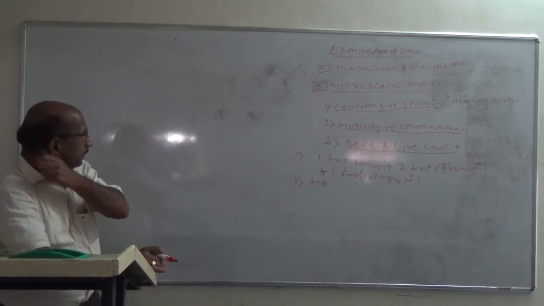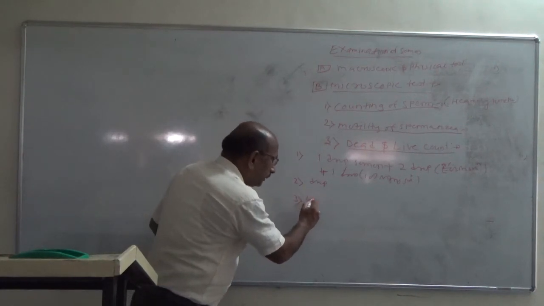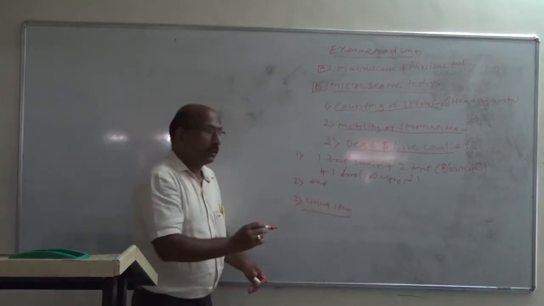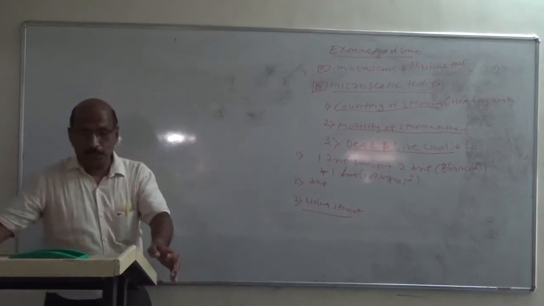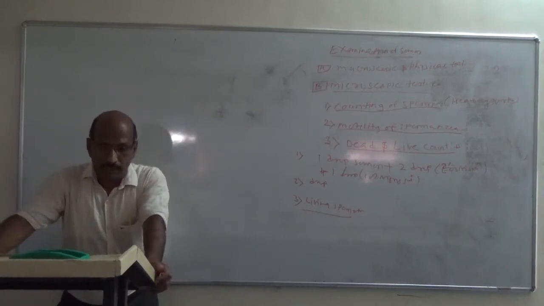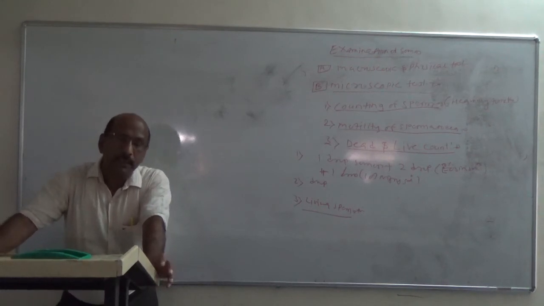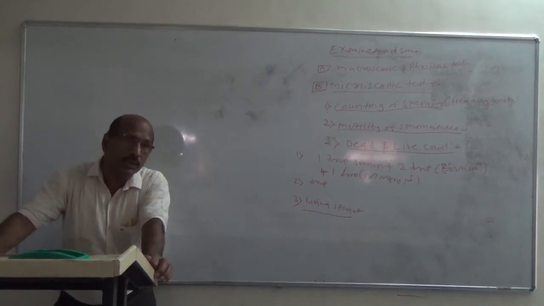At that time, the living spermatozoa, or live sperms, remain unstained, while the dead spermatozoa stain pink against a brownish color.